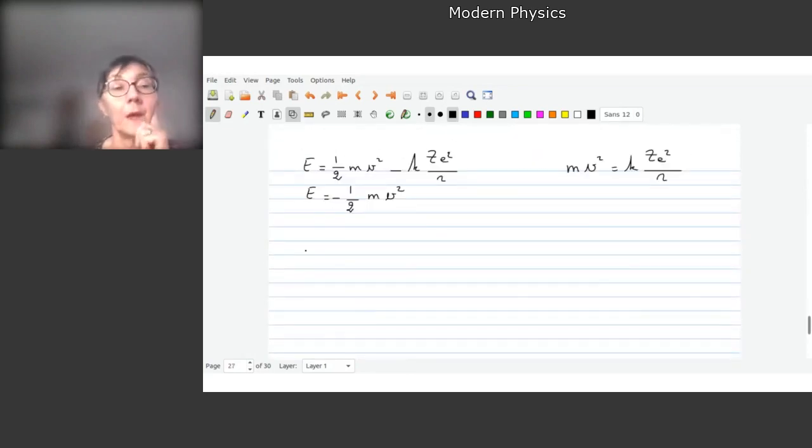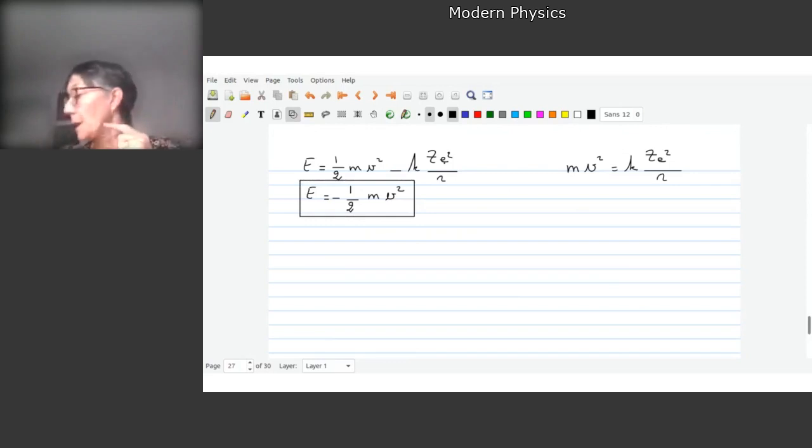So we have this relation here. And so what is the problem with this model? First, it doesn't explain anything. First, this is a continuum.